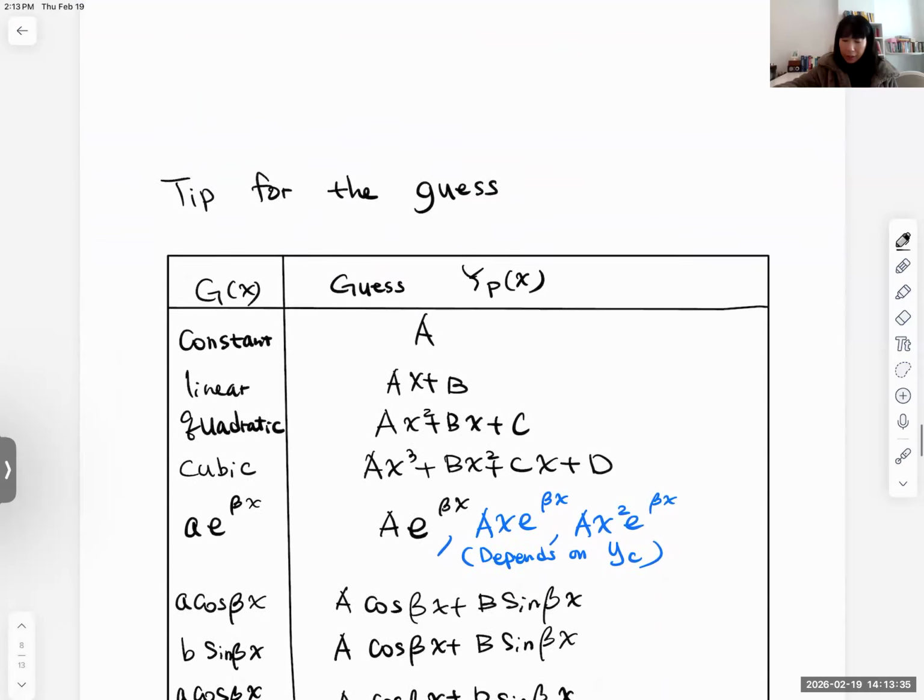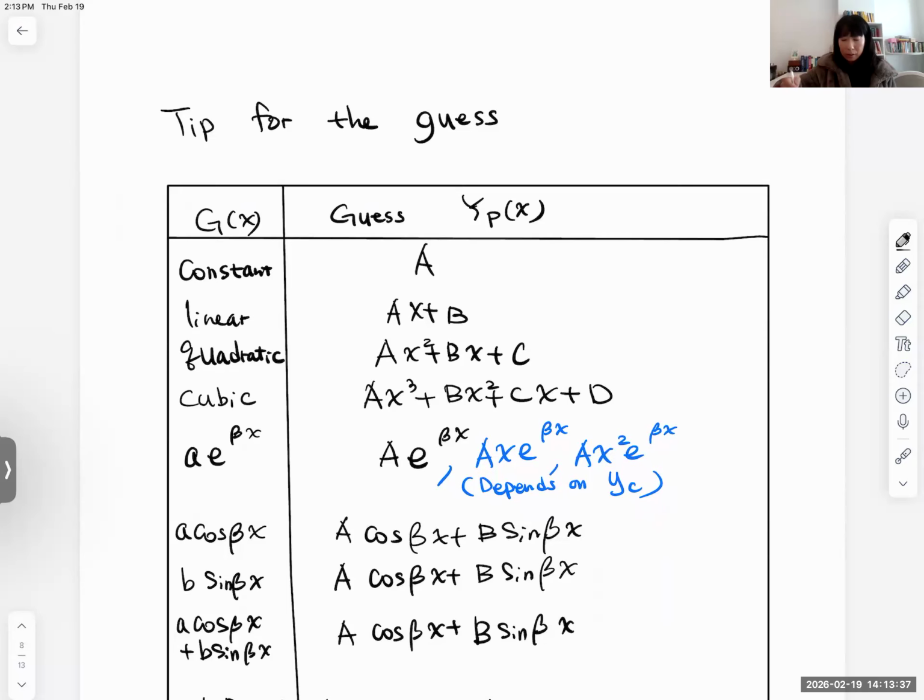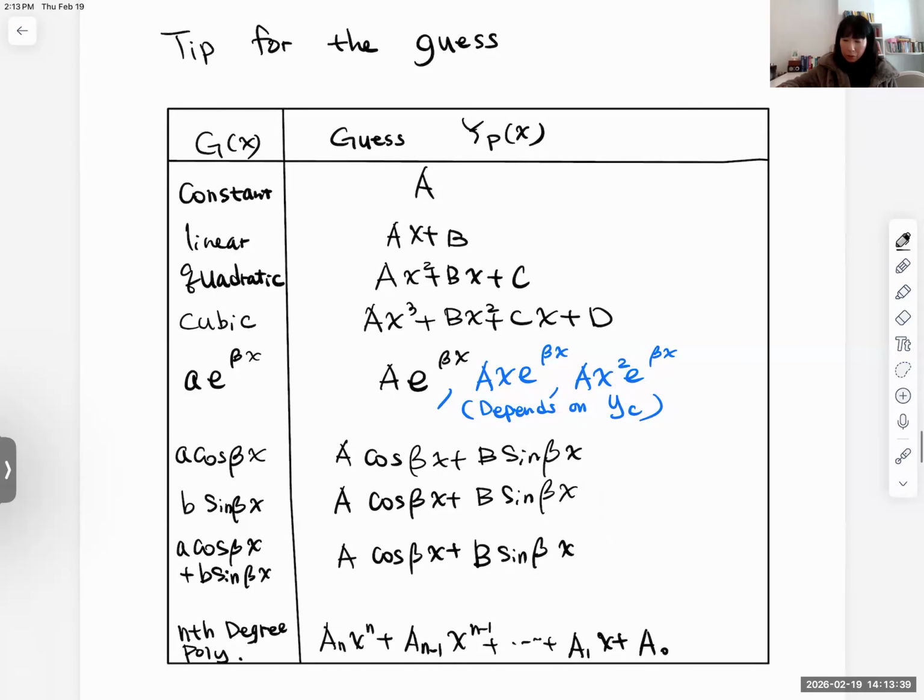Okay, so one more question, then we are done. Okay, so once again, for particular solution, right? So constant A, linear, and then everything. So basically, linear, quadratic, we did that last time, right? And then today we have e to the beta x and cosine beta x, sine beta x, yeah? Then we can guess, combining cosine and sine, yeah?